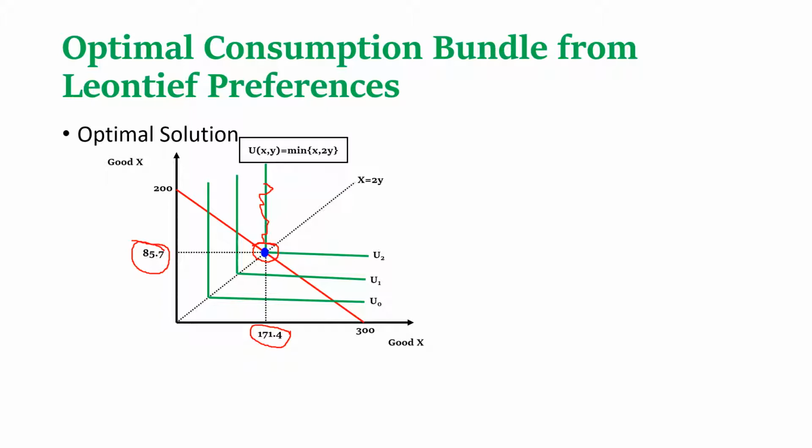So you have to represent that condition on this line. It is that condition that you are going to substitute into the budget constraint to obtain the optimal consumption bundle.